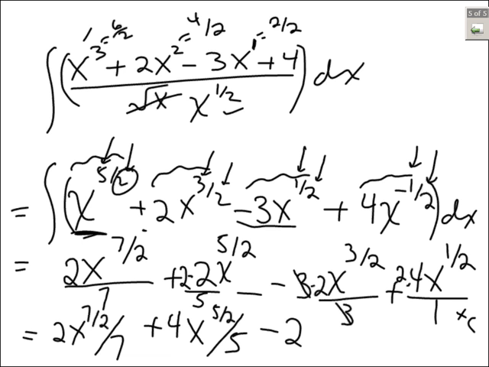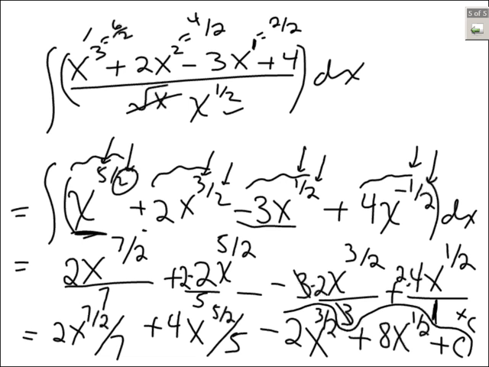Minus, the 3's cancel, 2x to the 3 halves. Plus 2 times 4 is 8, x to the half. And you don't have to denote that you're dividing by 1. Plus your constant. There is your answer.